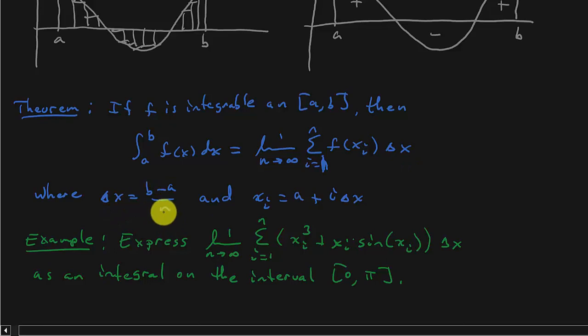That's the width of your rectangle. And x sub I is a plus I times delta x. And like I said, we'll work an example in a little bit on that.